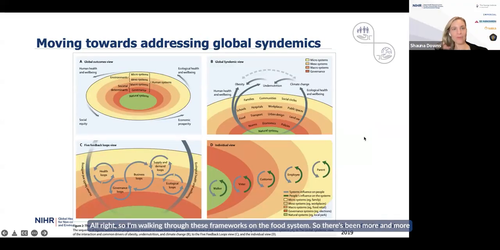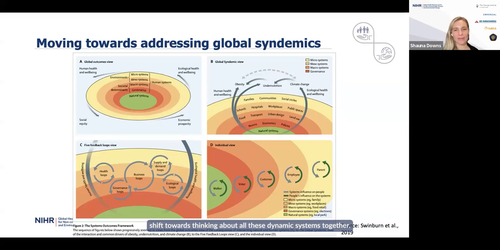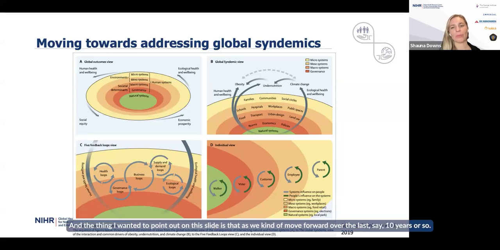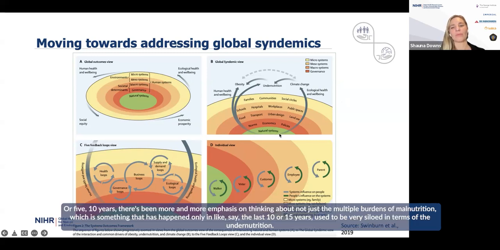All right, so I'm walking through these frameworks on the food system. There's been more and more of a shift towards thinking about all these dynamic systems together. The thing I wanted to point out on this slide is that over the last, say, 5 to 10 years, there's been more and more emphasis on thinking about not just the multiple burdens of malnutrition, which has only happened in the last 10 or 15 years.